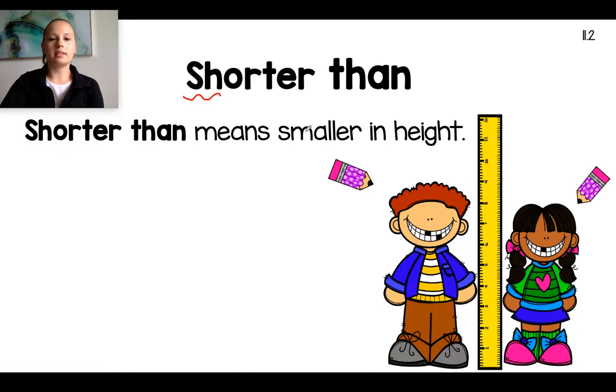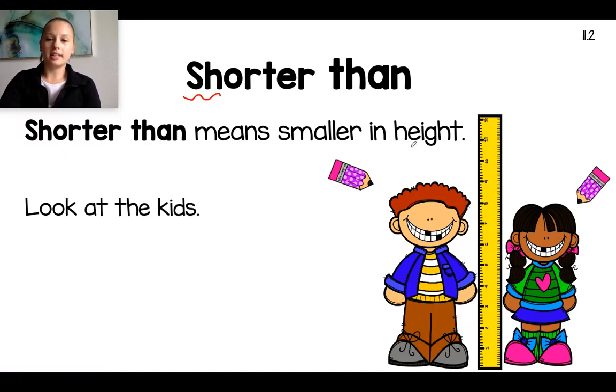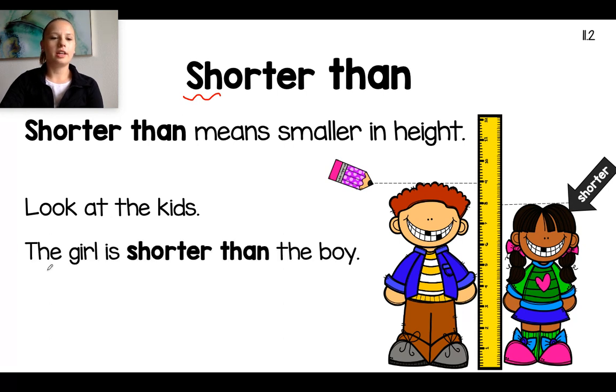Shorter than means smaller in height. Look at the kids. Let's measure the boy. He's about here. Let's look at the girl. She's about here. Do you see how he gets up here, but she's only down here? So who is shorter? The girl is shorter. Good. The girl is shorter than the boy.